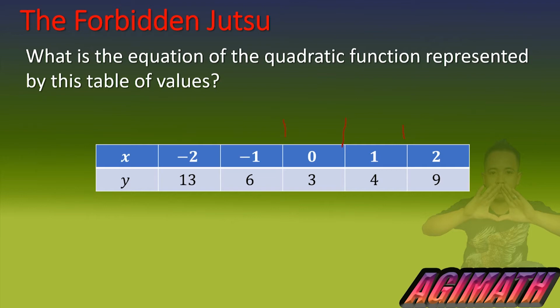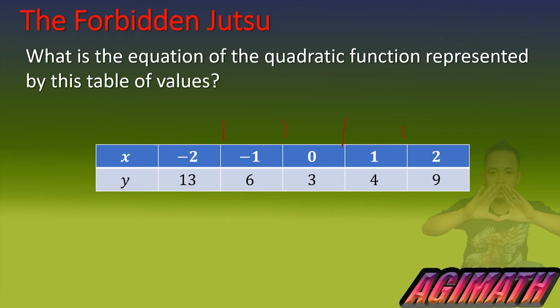And negative 1 minus negative 2 is negative 1 plus 2, which is equal to positive 1. As you can see, all the differences are equal to 1, meaning we are able to meet the first criterion, wherein the differences in the x values should be all equal to 1.